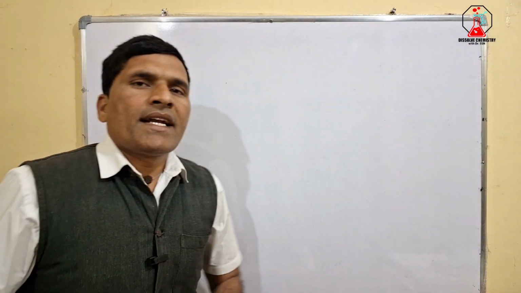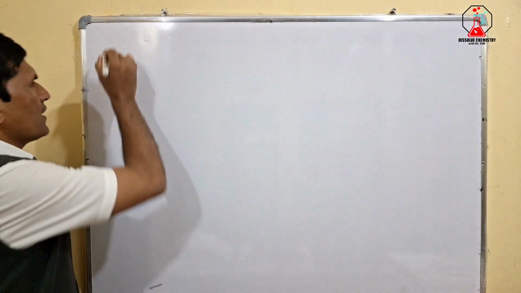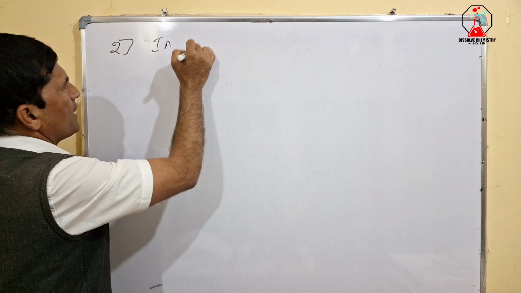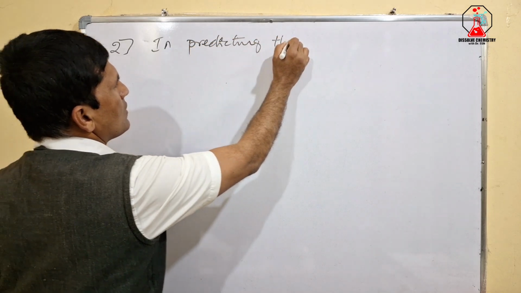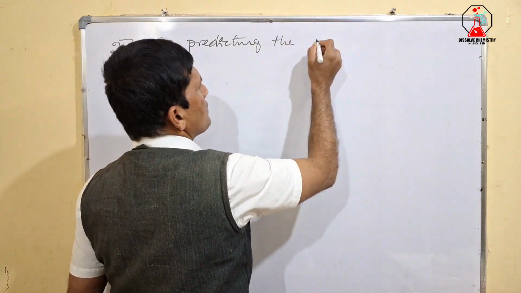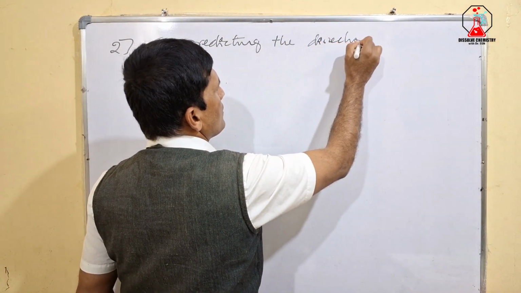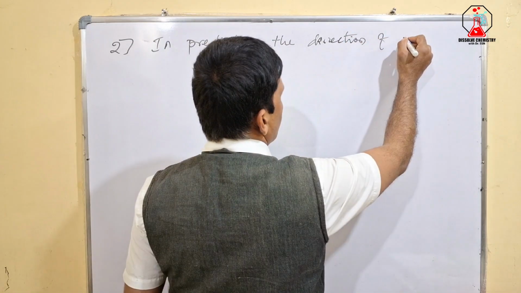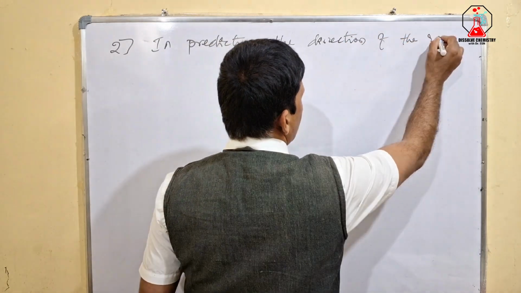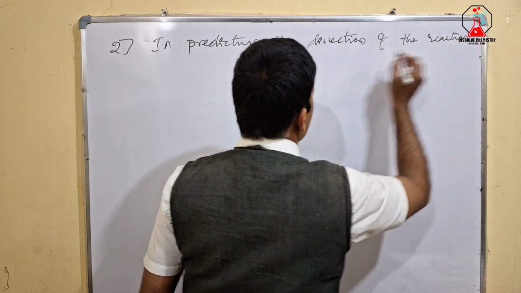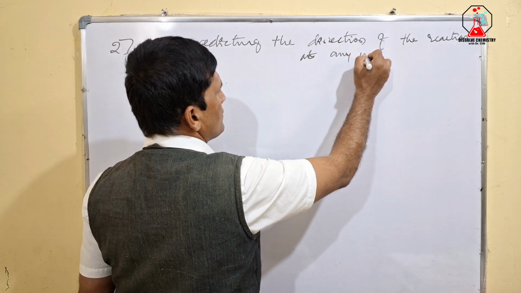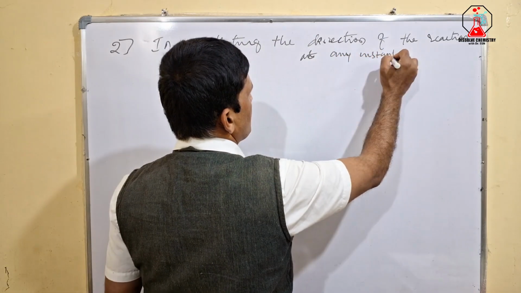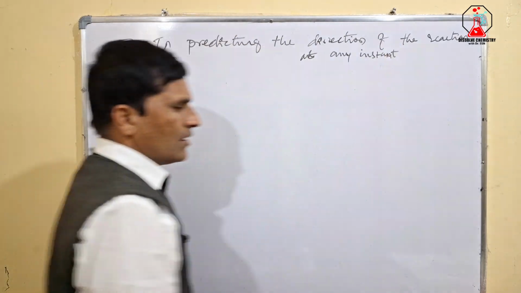The second important application of this equilibrium constant is in predicting the direction of the reaction at any instant. How can we predict this?